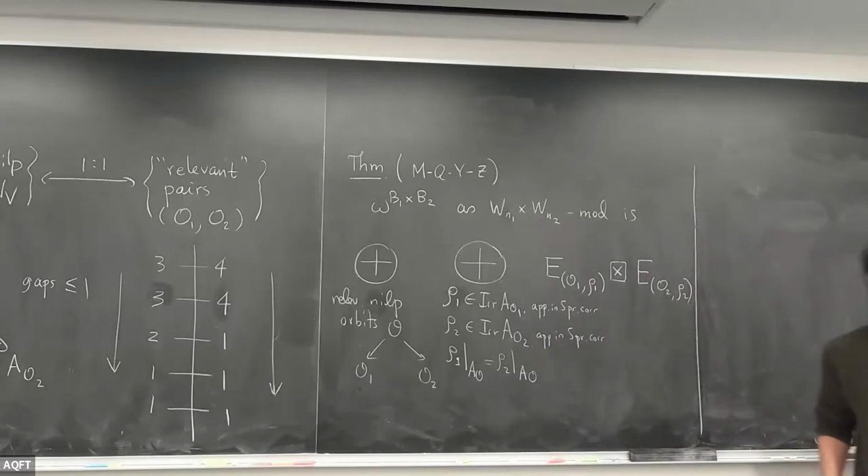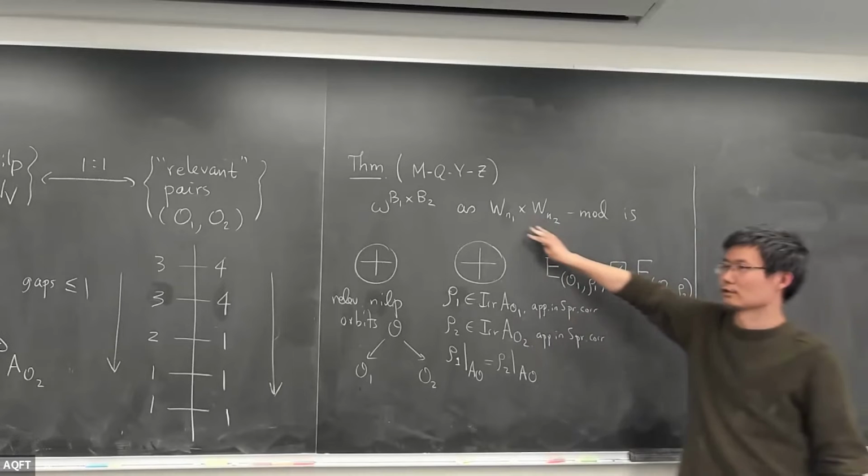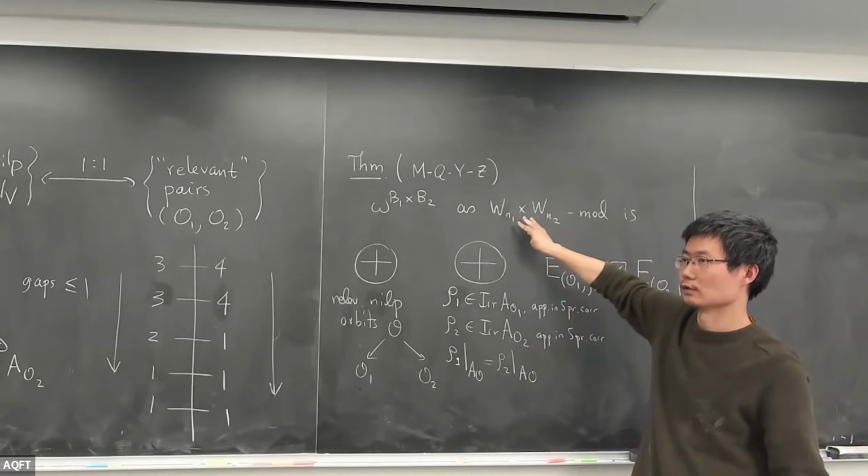But there is no claim that if rho1 appears and you have this compatibility, then rho2 appears. No, this cannot be true, because one of the numbers can be 0, for example. N1 or N2 can be 0. That's right. Well, I fixed the two groups, so those are determined.